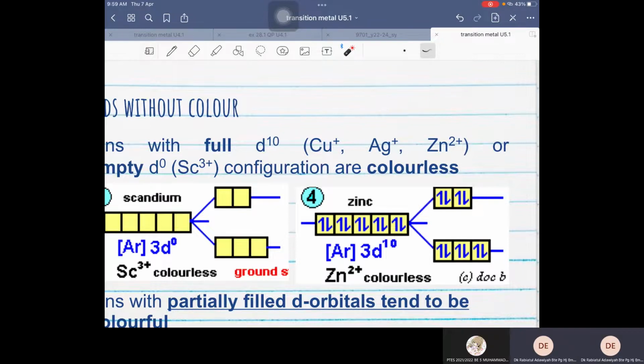With 3d10, the d orbitals are splitting, and I have electrons that can absorb light energy, a frequency of light. However, there is no vacancy for an electron in the lower energy orbital to move to the higher energy orbital. Since there's no space, promotion cannot happen, excitation cannot happen, so transmission doesn't happen as well. No color, colorless.